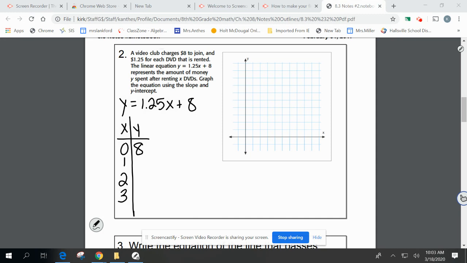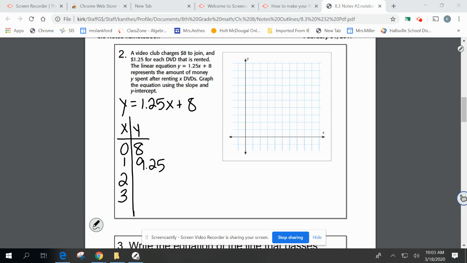If I plug in 1, I would end up with 9.25.